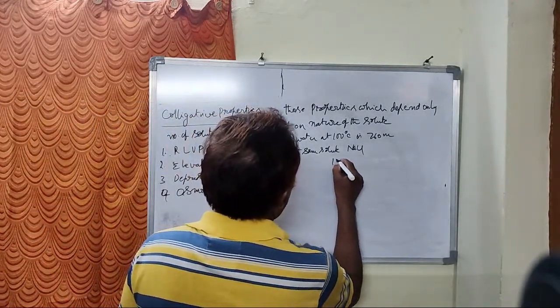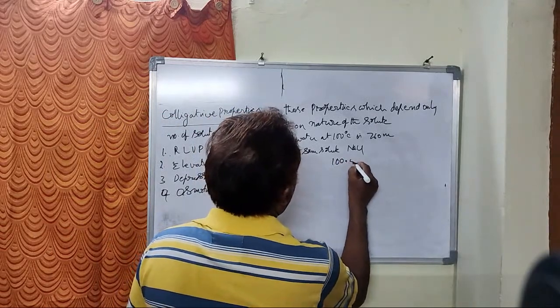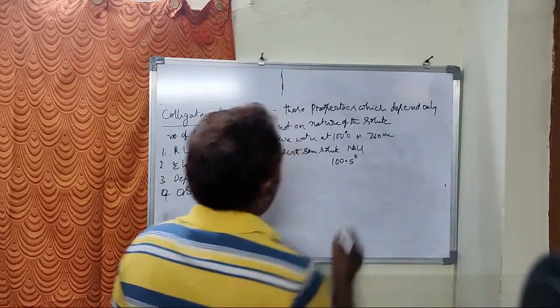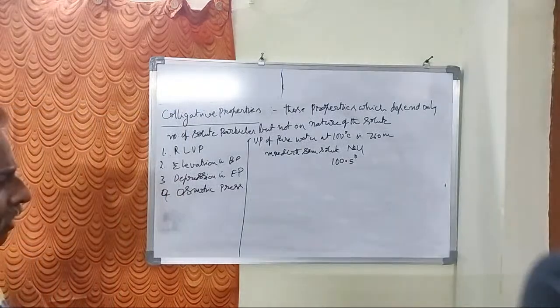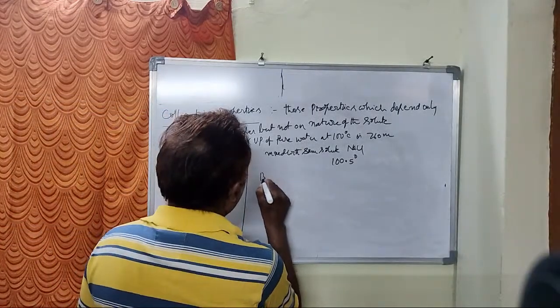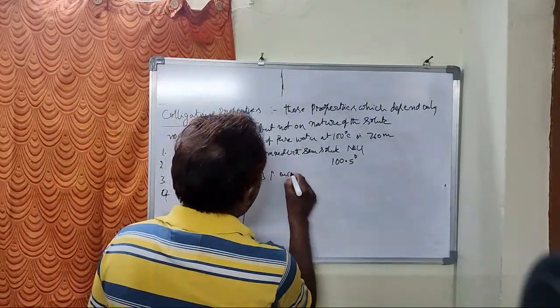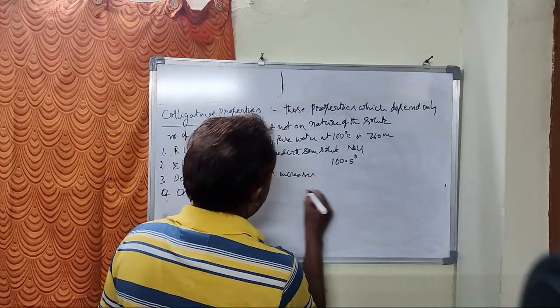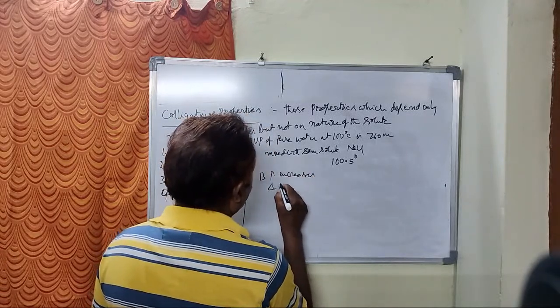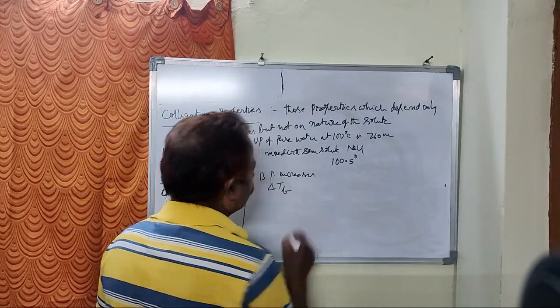Instead of water boiling at 100 degrees centigrade, it may boil at 100.5 degrees centigrade. So boiling point increases. The increased boiling point is shown by delta TB.